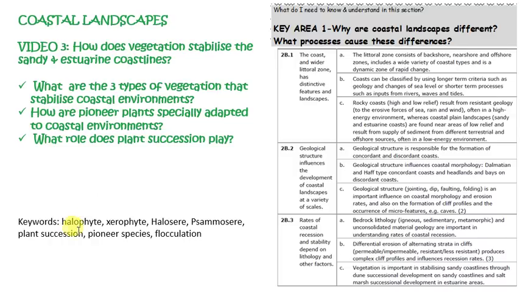Well, today we're going to look at how vegetation stabilises different coastlines, but in particular we're going to be looking at coastal plain environments such as sandy coastlines and then estuarine coastlines, alright? But for the most part, we're not thinking about rocky or cliffed coasts.